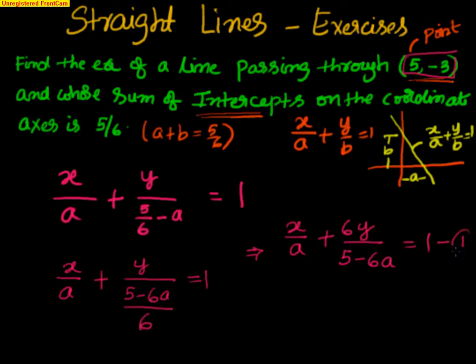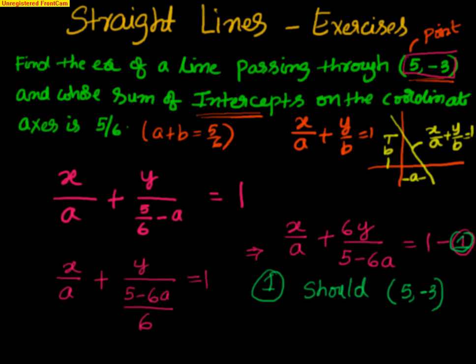That means this equation, suppose I call it 1, should satisfy that particular point. That means the point lies on this equation, x by a plus 6y by 5 minus 6a.